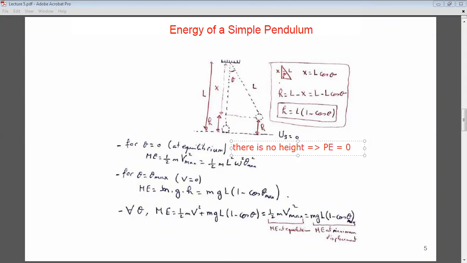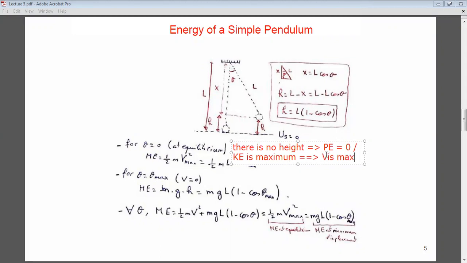However, there is maximum kinetic energy. Kinetic energy is maximum, which implies V is maximum.